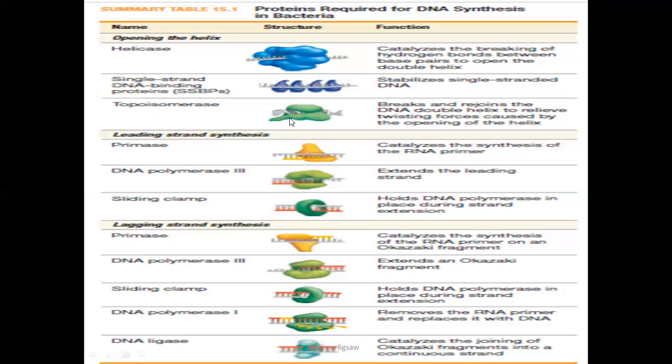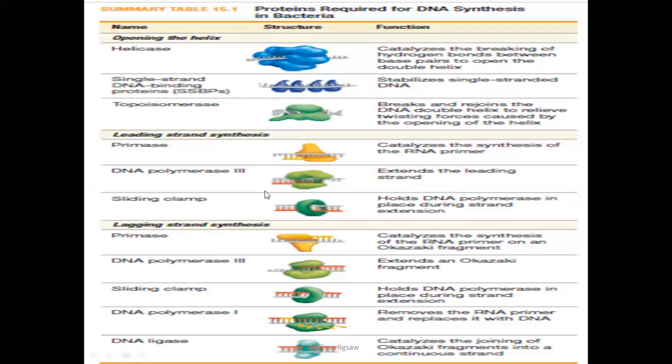And then you have DNA polymerase 3, which is going to act to extend the leading strand and also extend the Okazaki fragments in the lagging strand. Remember, DNA polymerase 1 is the one which removes the RNA primer and replaces it with DNA nucleotides.